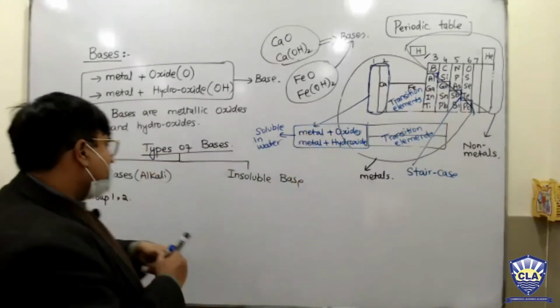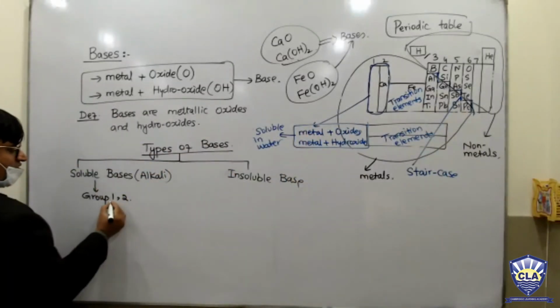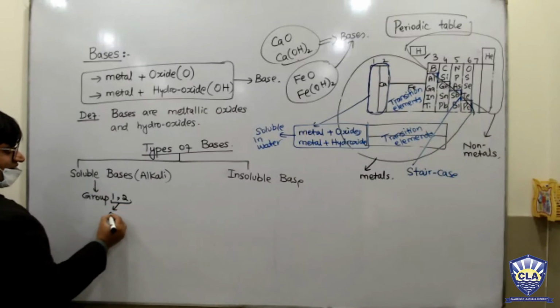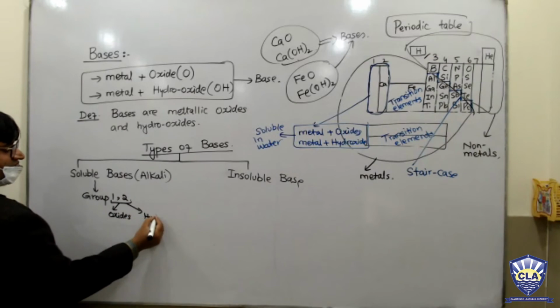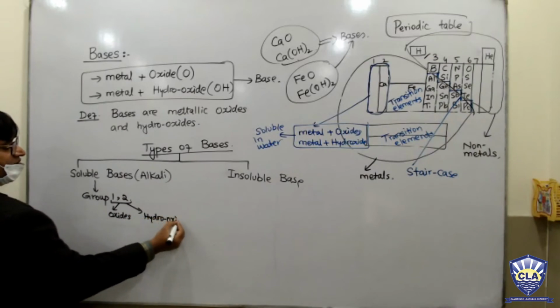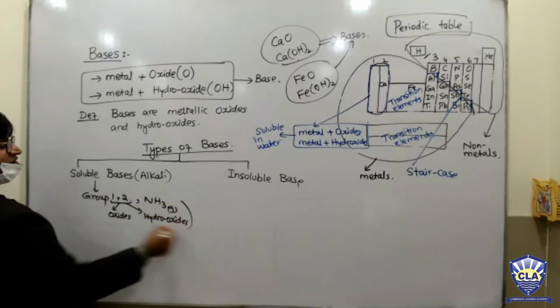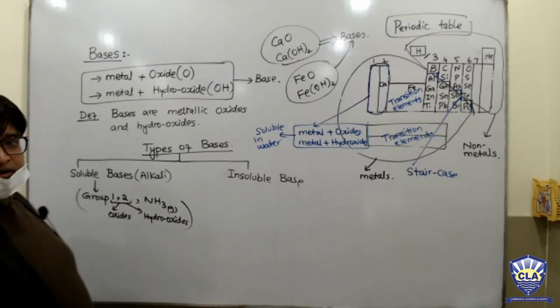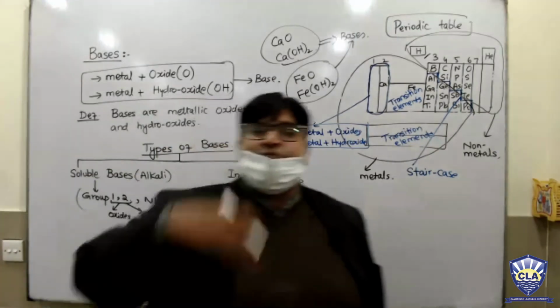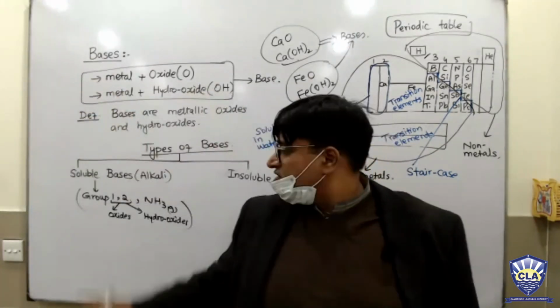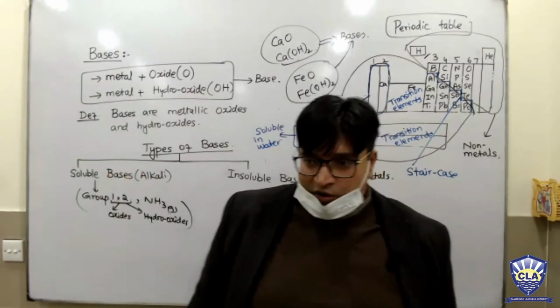And one more thing, my dear, group 1 and 2 metal oxides and hydroxides are the only soluble ones in water. And there is a gas called ammonia gas. This also dissolves in water, and when it dissolves in water, it produces OH minus ions, so that is also a soluble one.